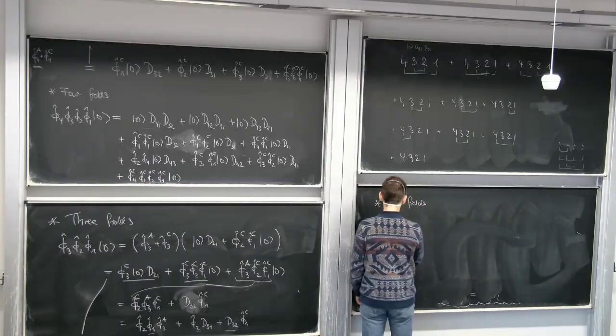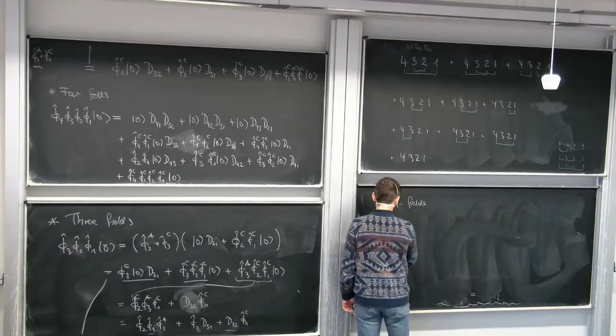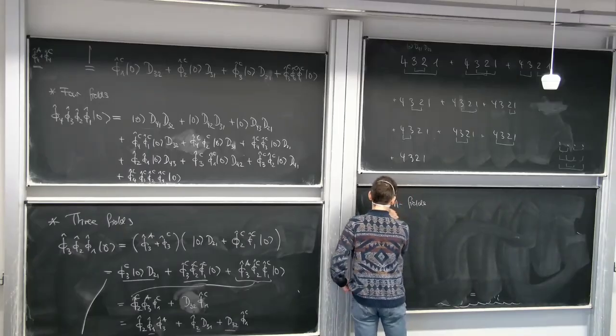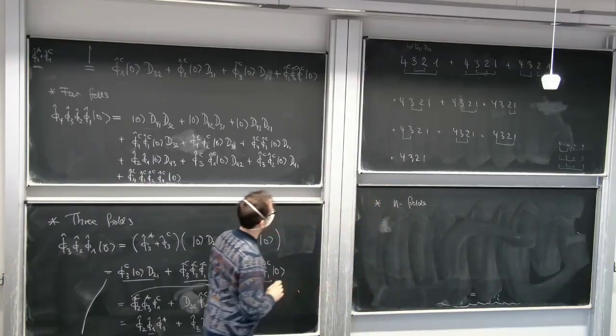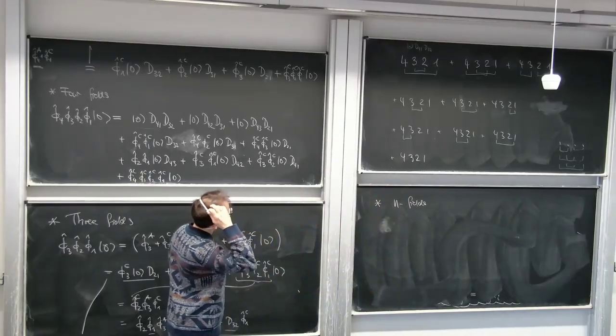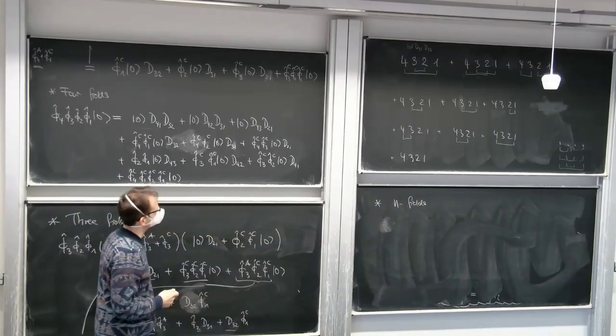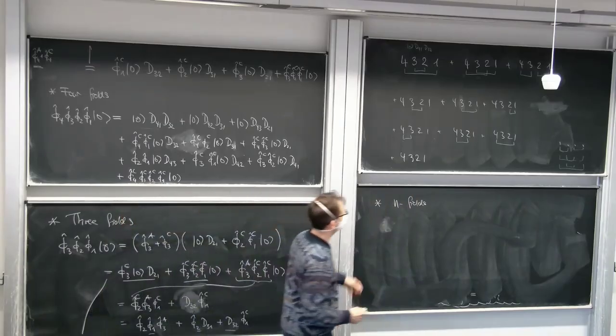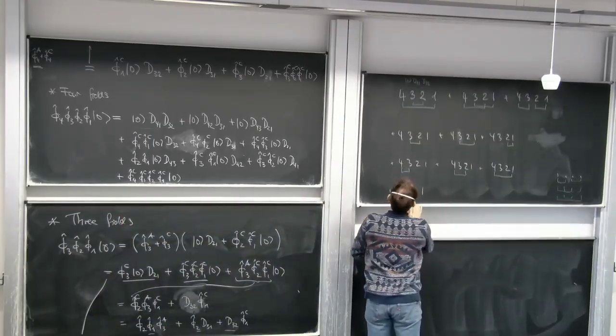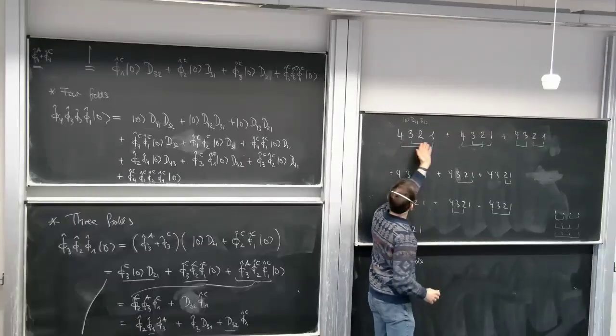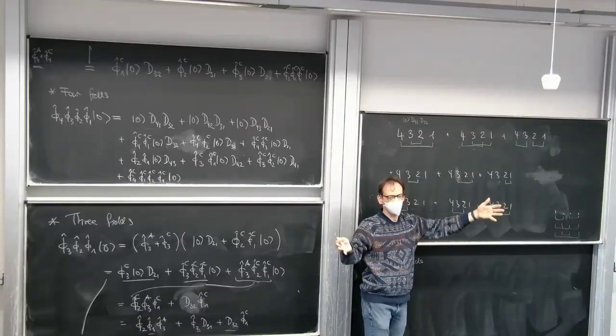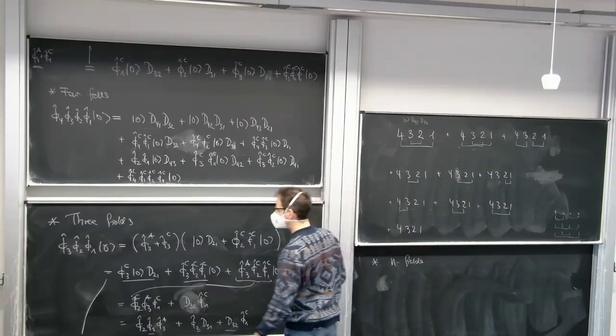Let's say 5. I don't even want to. But you know, right? It'll be everything fully paired. What if I have 5? How do we know 5?